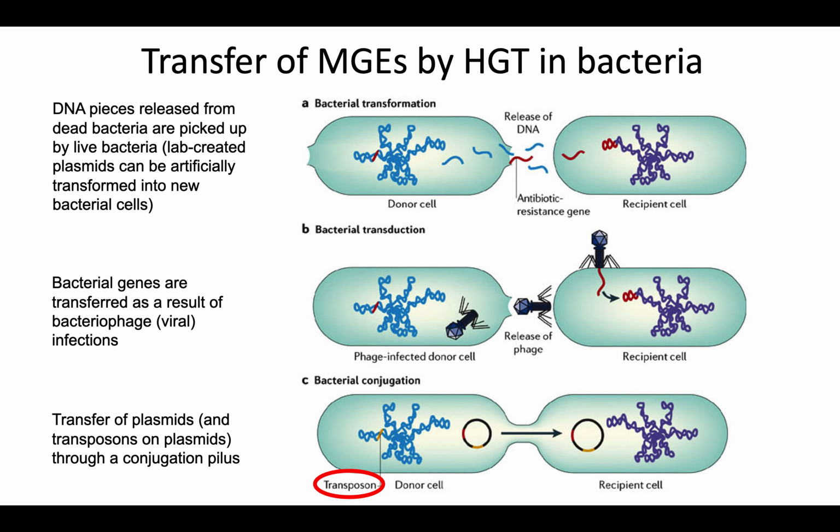So basically the general process of conjugation is the transfer of a plasmid, not the whole chromosome, but the plasmid from one cell to the other. The interesting thing is these plasmids can be fertility plasmids. They may be plasmids that code for antibiotic resistance or for toxins.